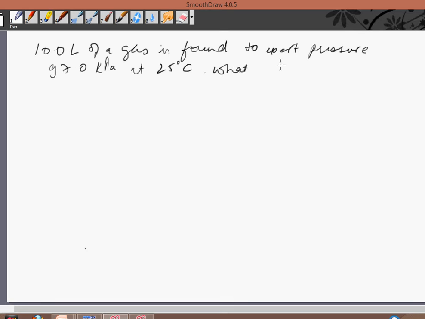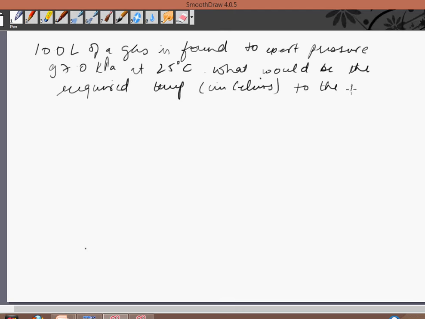Now the question is, what would be the required temperature, in Celsius, to change the pressure to standard pressure?